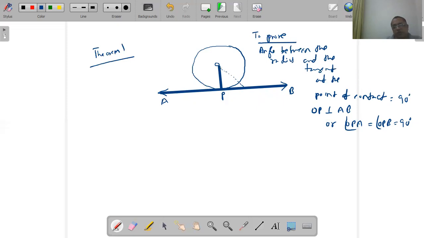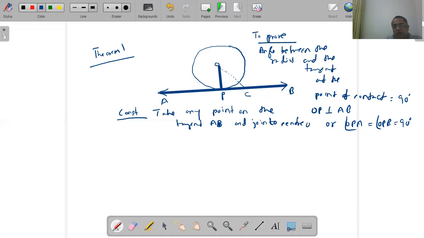From the center of the circle, we are going to join it to a point C. Construction: take any point on the tangent AB, and join to the center O. Join to the center of the circle, that is O. So that's what we are doing here. We are taking any point on this AB and joining to the center O.